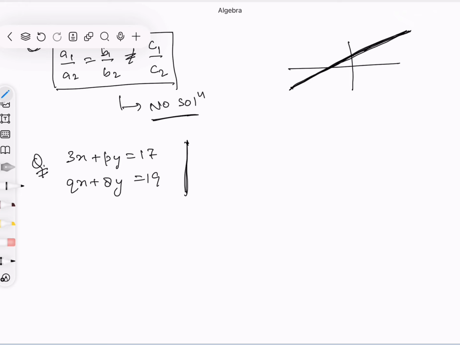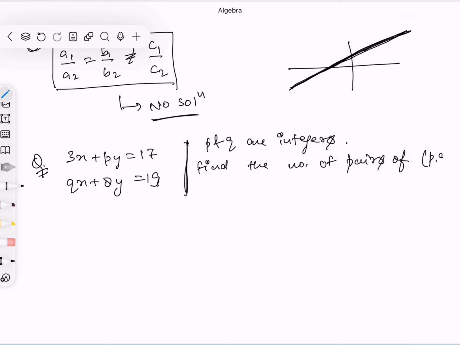So these are the two equations given. P and Q are integers. Find the number of pairs P comma Q for which these equations will have no solution.